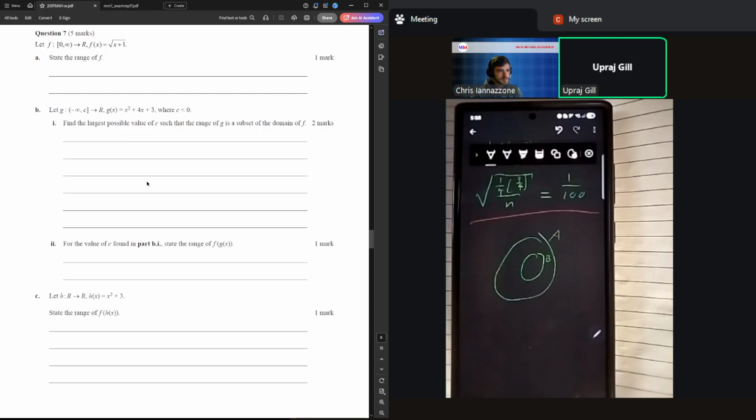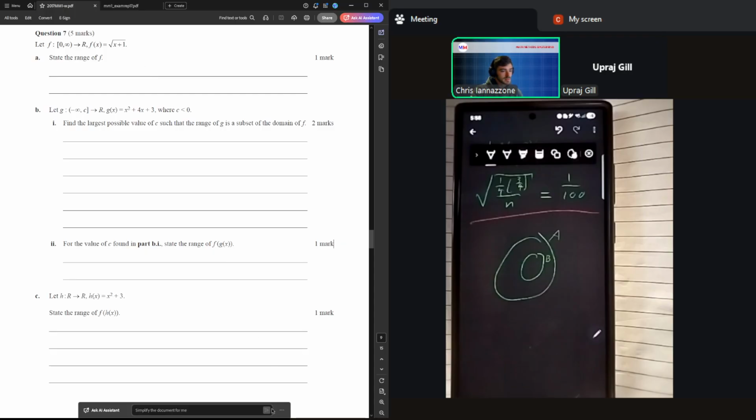If f of g of x, would that be the function? Well, you'd replace the x specifically with x squared plus 4x plus 3, because you're shoving g into f. Yeah, and that becomes x squared plus 4x plus 4, which is also x plus 2, all squared. Oh, okay. Yeah, sure.